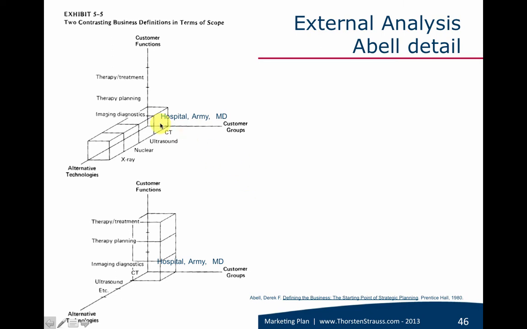So you have three different dimensions. You have customer functions. What are actually the customers doing with your product? Here we have the example of imaging diagnostics. We're talking obviously about hospitals. I think they're selling MRIs in this example. That is a machine that takes an inside picture of your body on a very detailed, high-resolution level.